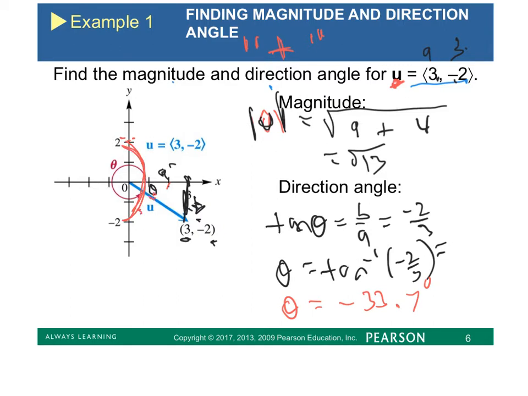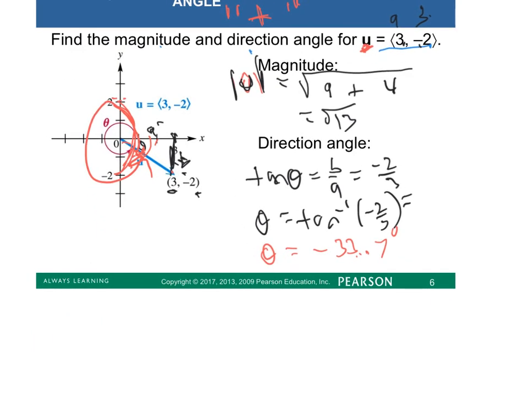So what I need to do, I need to take this angle and say, instead of going down this degrees, -33.7, let me start here at -33.7 and go all the way around and add 360 to it. That gives me the same position, same direction, but it went in the other direction.